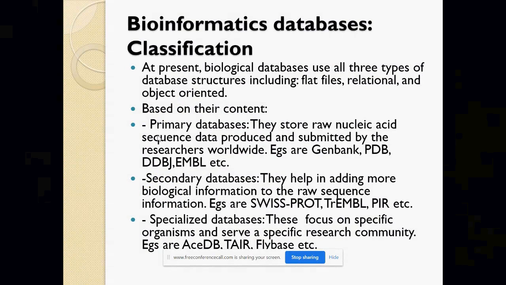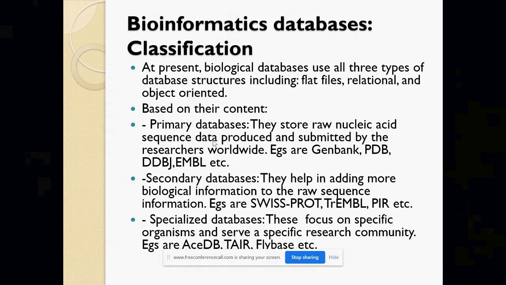First a raw sequence is obtained, and how can we analyze it? How can we understand that this is the gene region, this is the promoter region? How can we predict it? That can be done through the secondary database. The examples are Swiss-Prot, translated EMBL, that is TrEMBL, PIR, that is Protein Information Resource, etc.